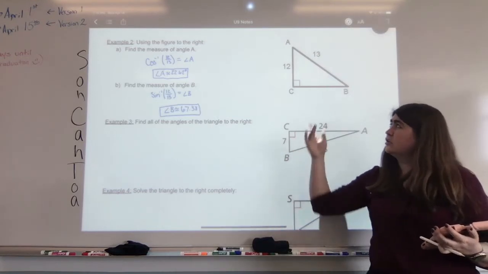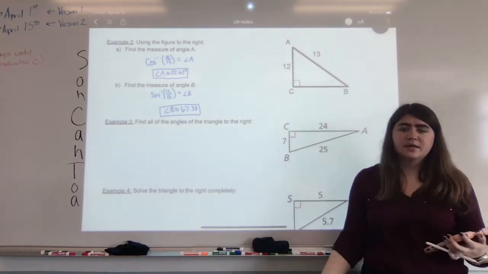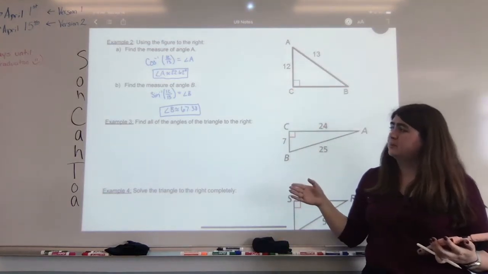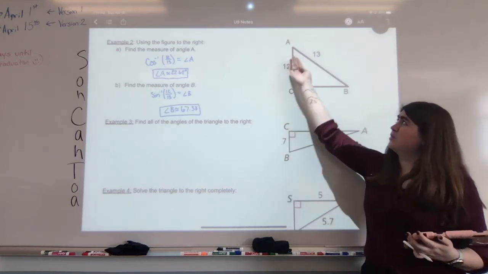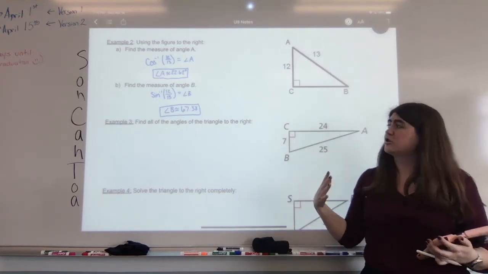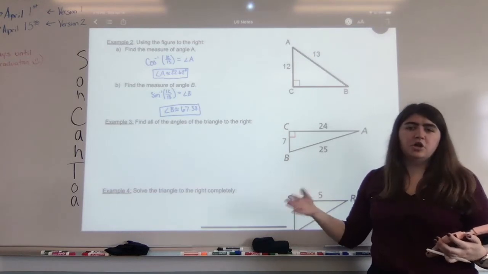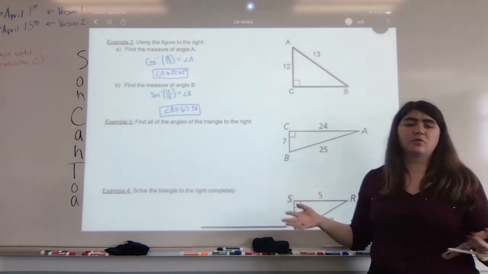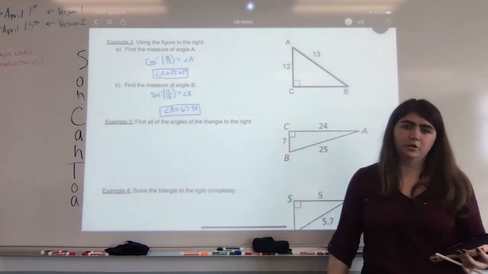If you need to continue to solve, let's say you're looking for side CB, then it would be better to use an angle measure that you already know. The only thing is, in this case, we solved for both A and B, and both of them are approximations. So you're just going to need to pick one of them, use 2 decimal points, and know that whatever answer you get is going to be an approximation because you were using an approximated angle.